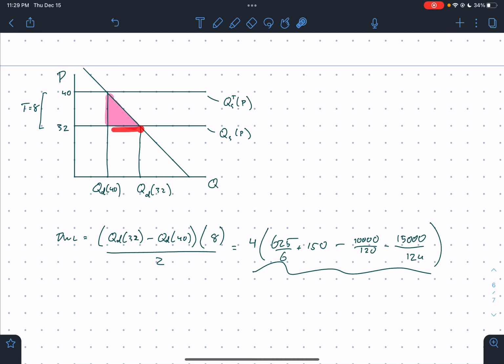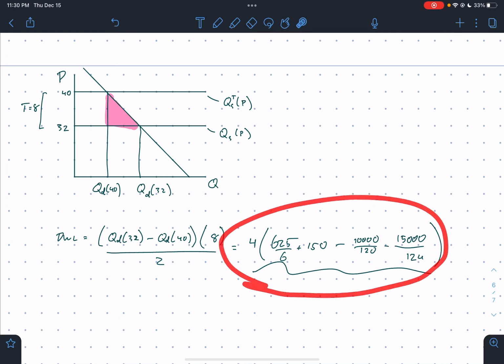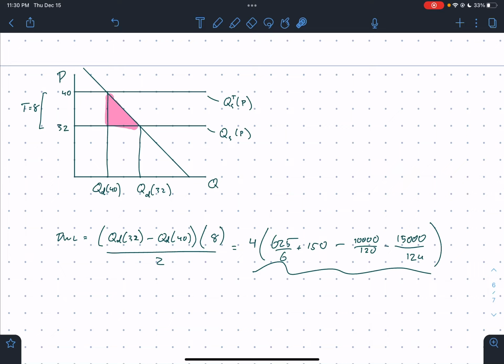The deadweight loss is the area of this triangle right here. So we find the change in demand, find the change in price, multiply them together, then divide by 2 because we're finding the area of a triangle. This gives us this number, and we are finished with this problem.